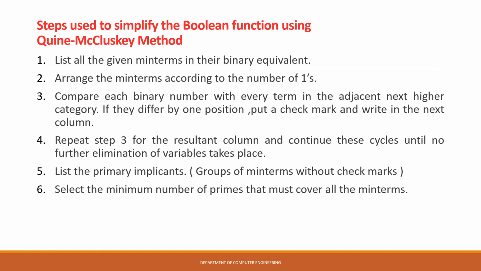And the last step is to select the minimum number of primes that cover all the minterms. These are the 6 basic steps used to minimize the given expression by using the Quine-McCluskey method.